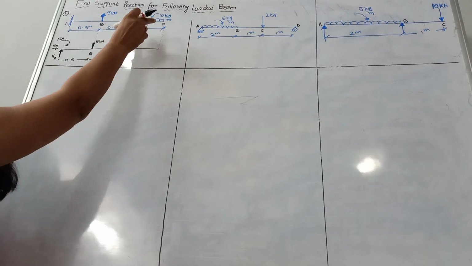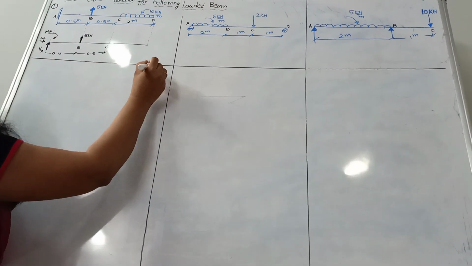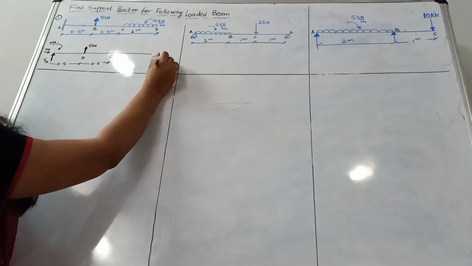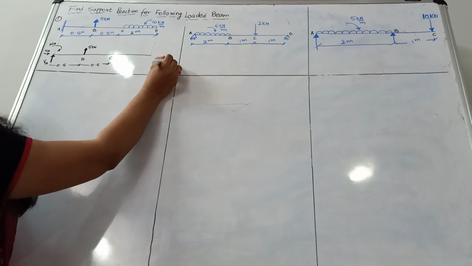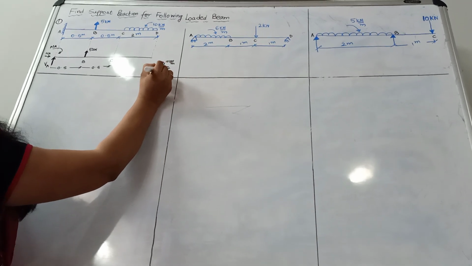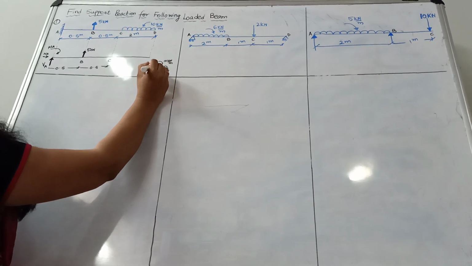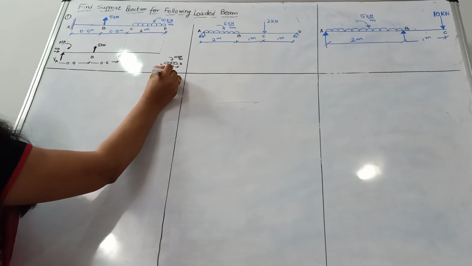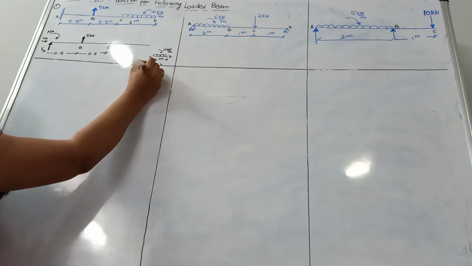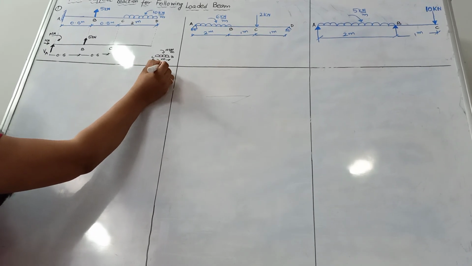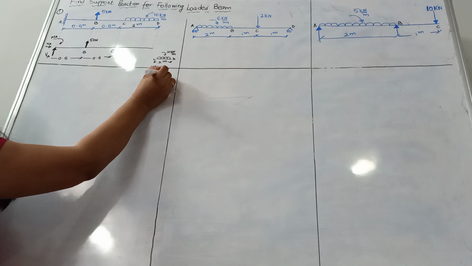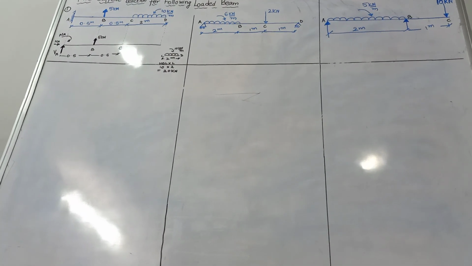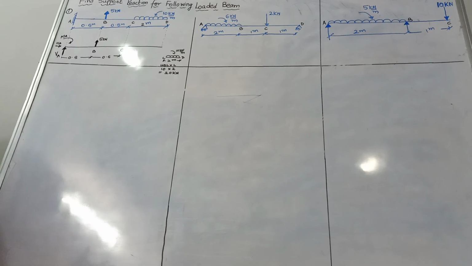So the UDL is 10 kilonewton per meter and the length is 2 meters. The formula is UDL multiplied by length. UDL is 10, length is 2, so 20 kilonewton is the point load. And this point load will act at the center of CD.